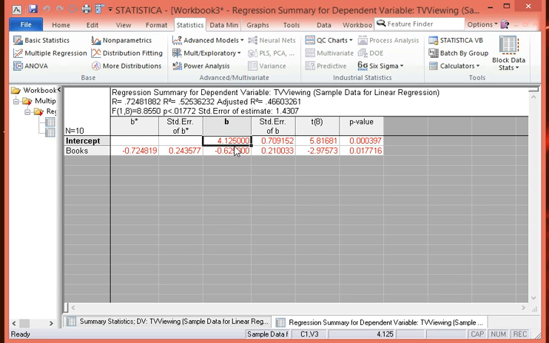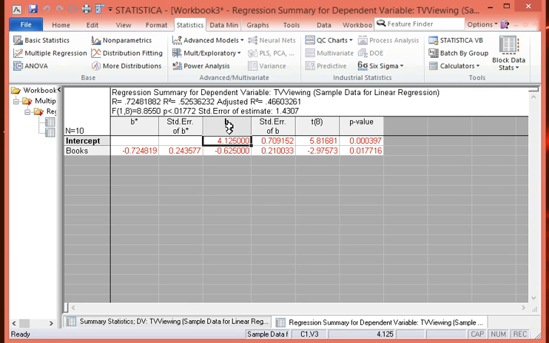So it suggests that if you do not read any book in a given year, then this would be the average, or the estimated number of hours of TV viewing in a day.